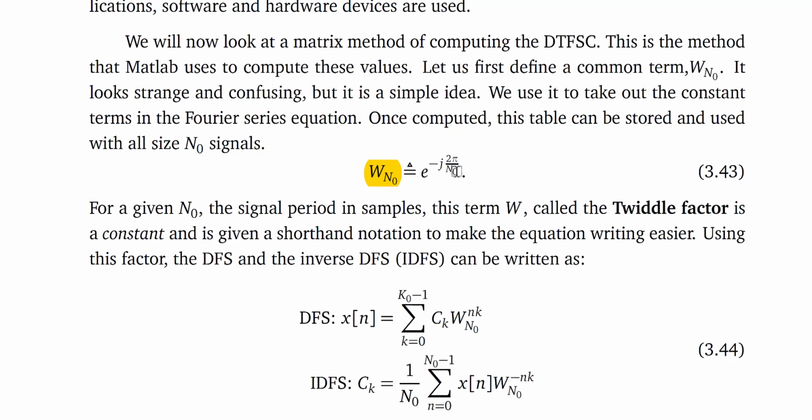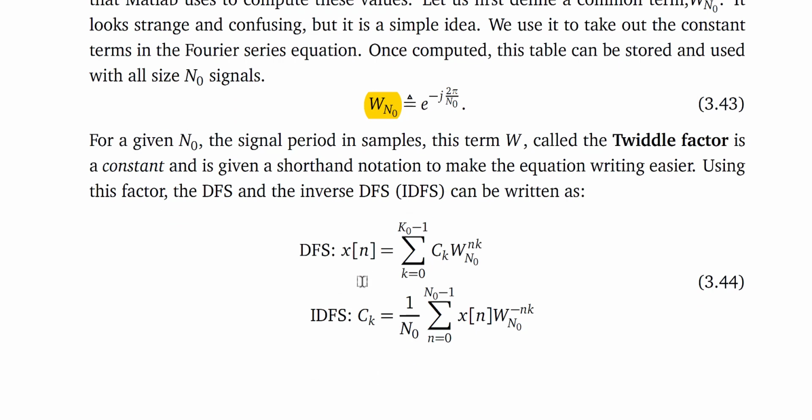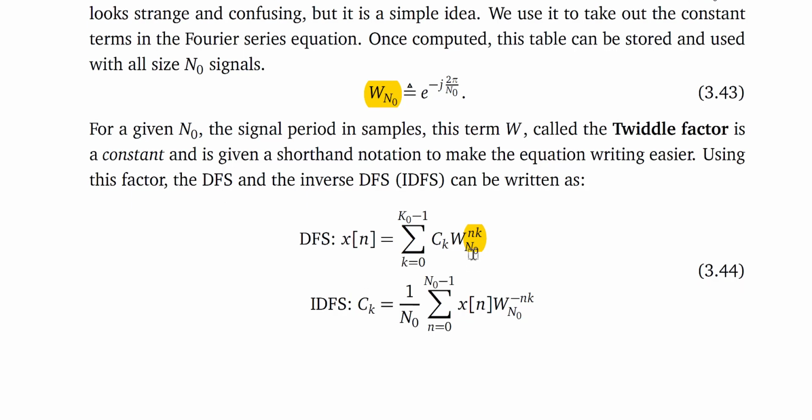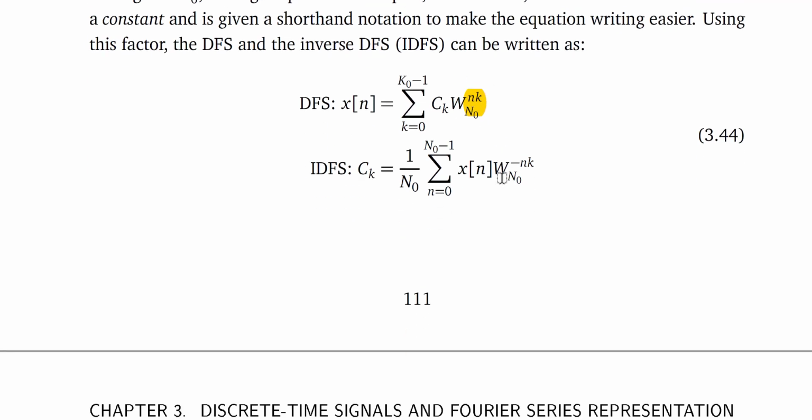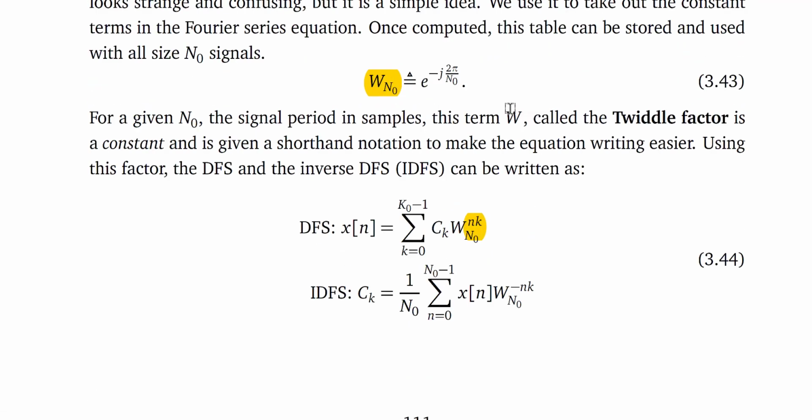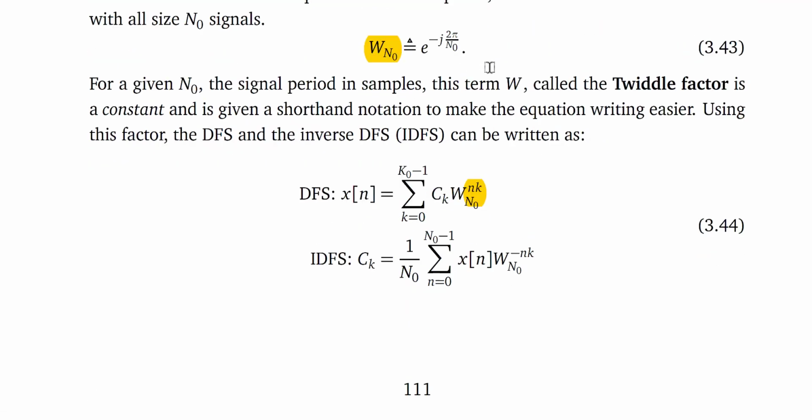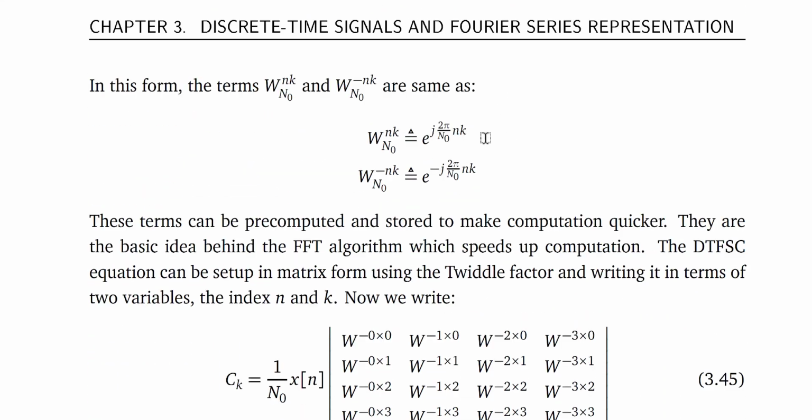If we know the period of the signal, this number more or less becomes a constant, and then the DFS and the inverse DFS equations are given this way, except they have powers of nk. We know n and k because the maximum number for little n is N, and the maximum number for k is also N. So it defines the universe of values we have to compute for this term to the power of nk.